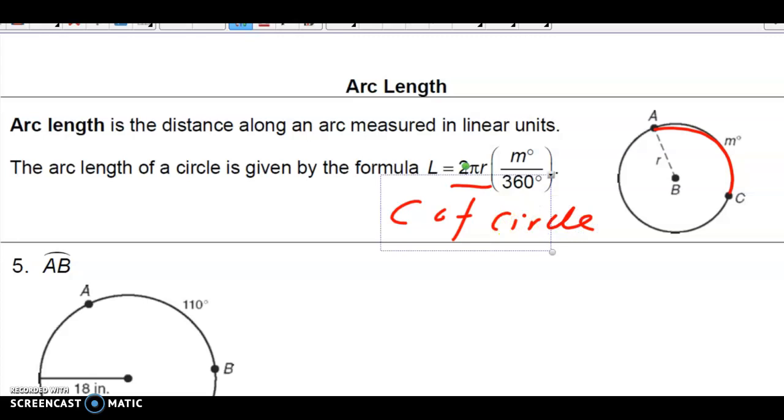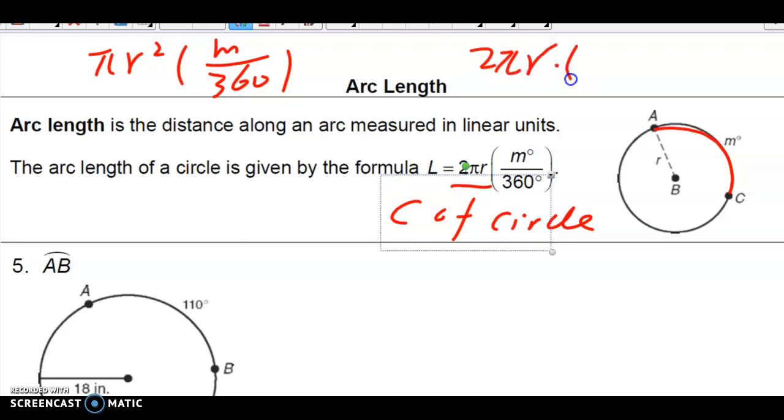And you also multiply m over 360. So now it's kind of a shortcut to remember the area of a sector and the arc length. The area of a sector is the area of a circle, which is pi r squared times m over 360. And the arc length is the circumference of the circle, which is 2 pi r times m over 360. So you see, they all times m over 360. That's a shortcut to remember that.